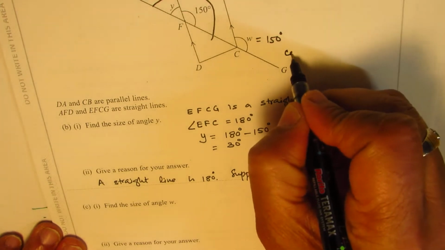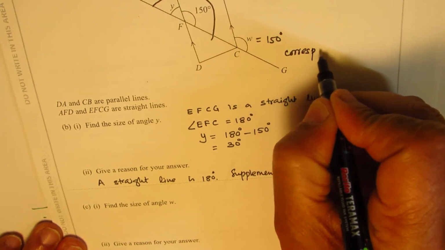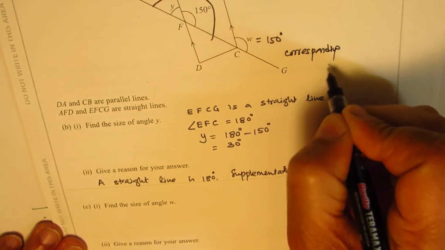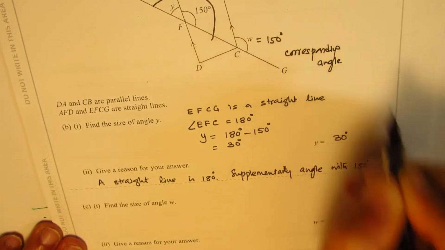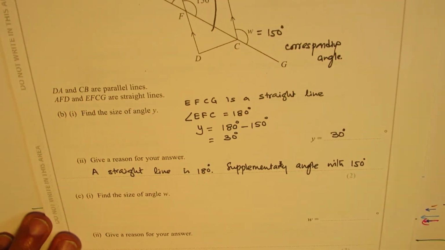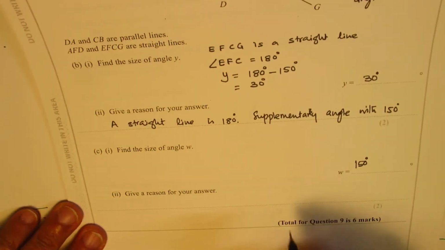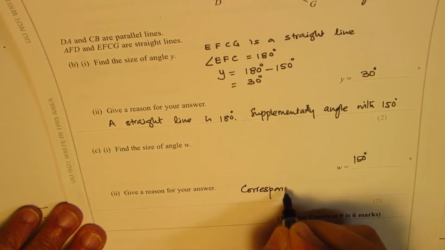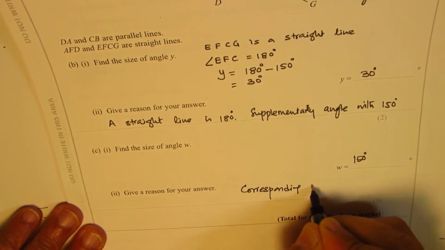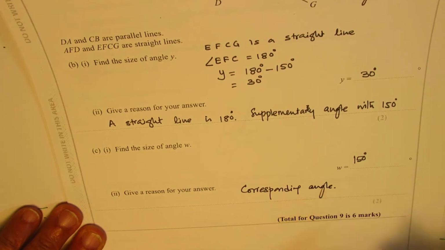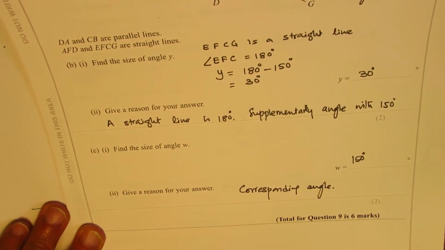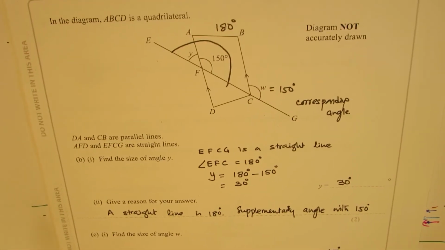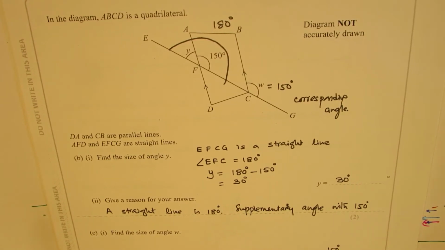So the size of angle W is 150 degrees, and the reason is that it is a corresponding angle. When you have parallel lines and a transversal line, the corresponding angles are equal.